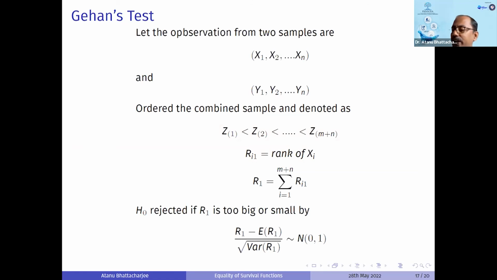Now comes the second one, the Gehan test. The Gehan test basically makes the order of the two samples.